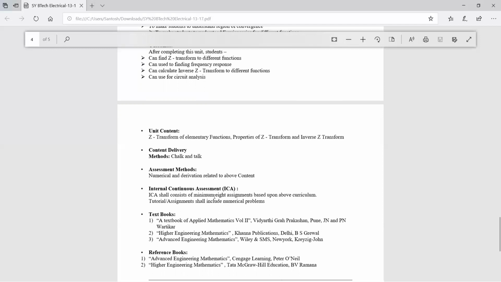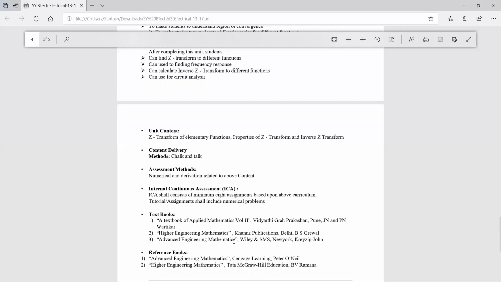For this subject, Engineering Mathematics 3, students can use the following textbooks. First, A Textbook of Applied Mathematics, Volume 2, Vidyarthi Gruh Prakashan, by JN and PN Vartikar, and second, Higher Engineering Mathematics, Khanna Publication, Delhi, by DS Grewal.